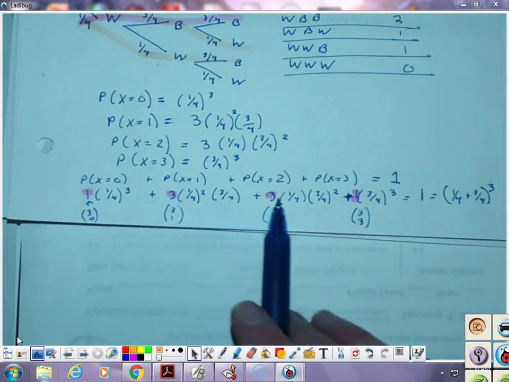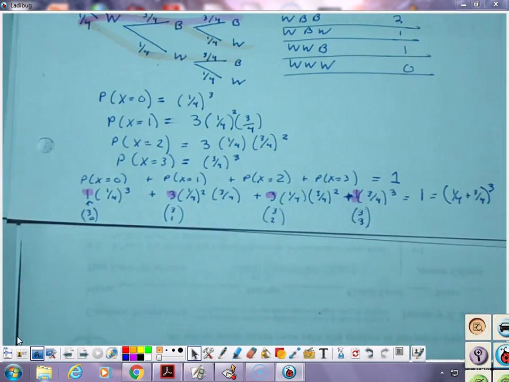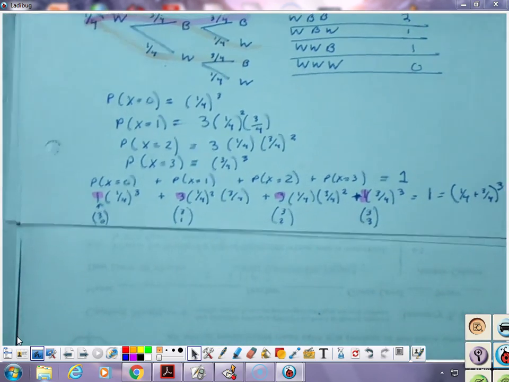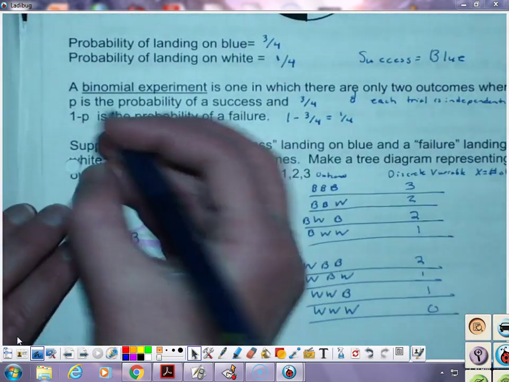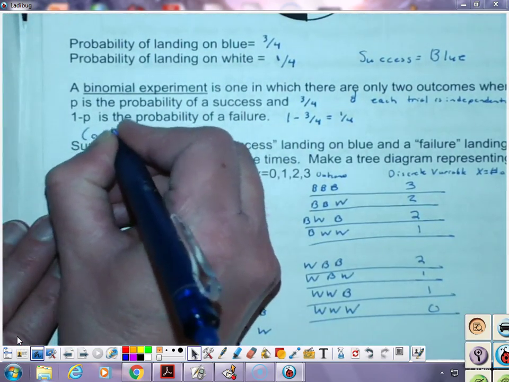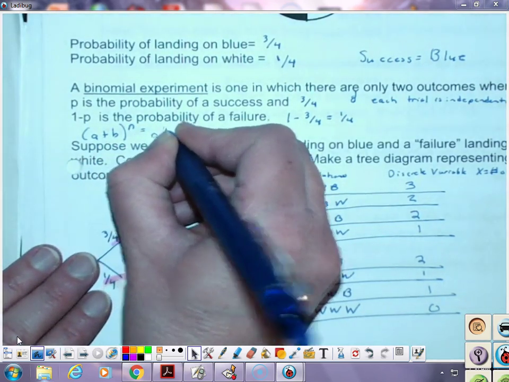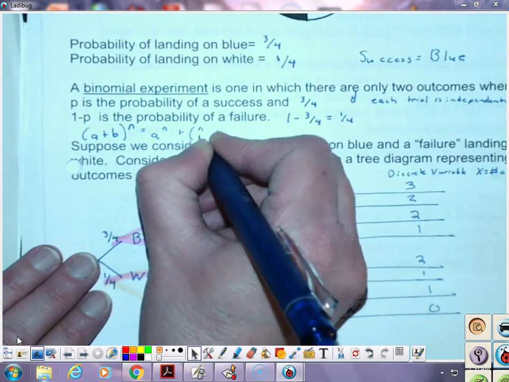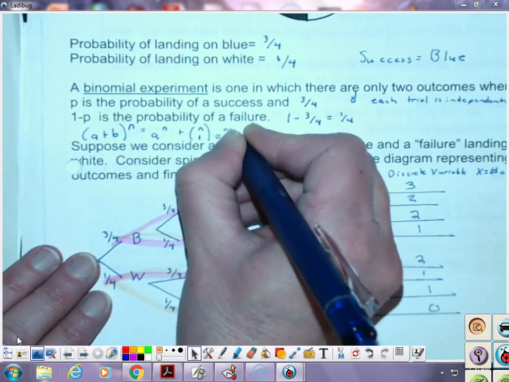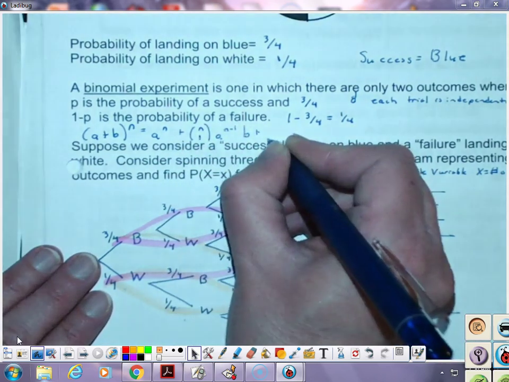We ought to be able to go to just whichever one we want. So I'm going to write out the binomial theorem like it is on your formula sheet, and show you how we can get to just the right part of it to not have to write it out.